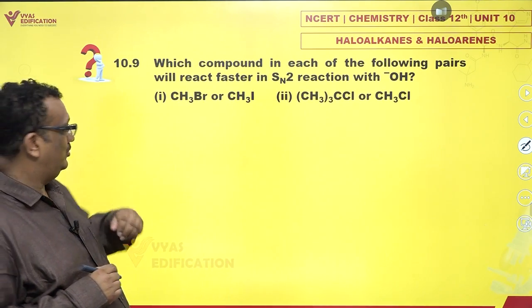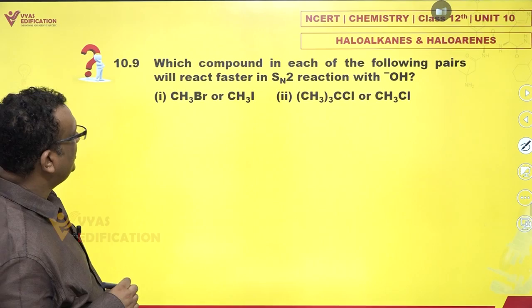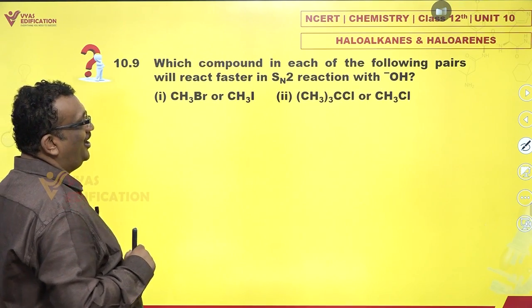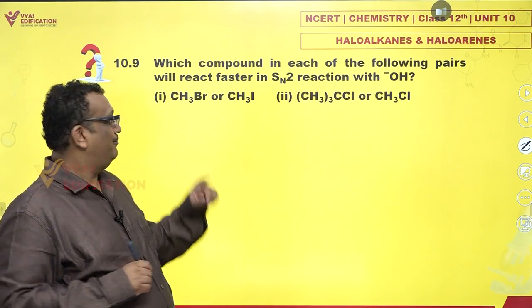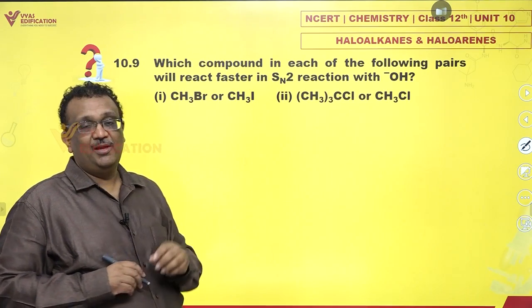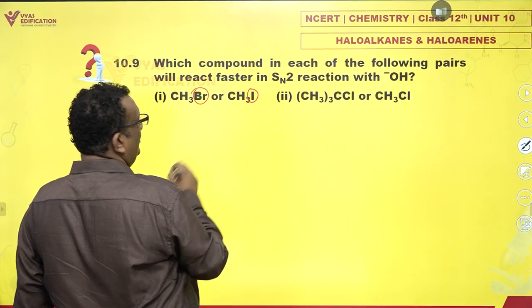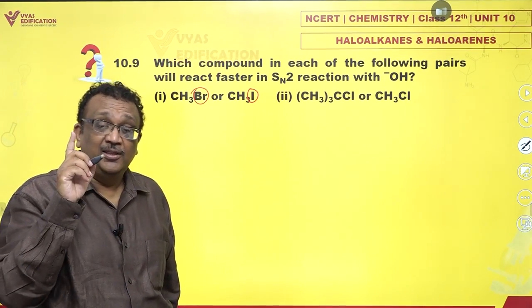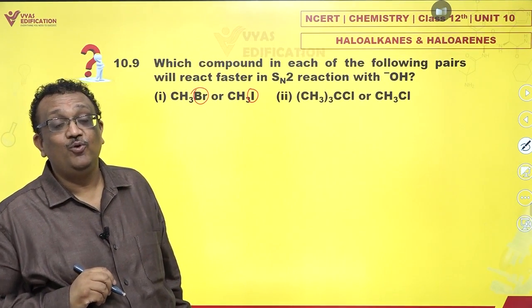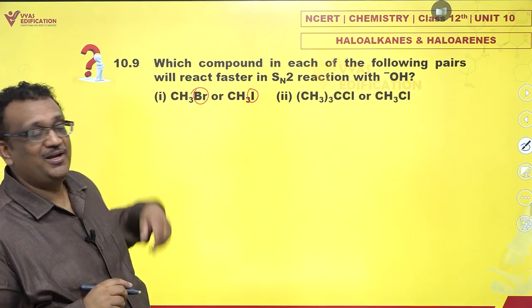1 or 2? Well, let's take a look. You have CH3Br or CH3I. If you compare, both contain methyl, the difference being Br or I. The better leaving group would give you a faster SN2 reaction.